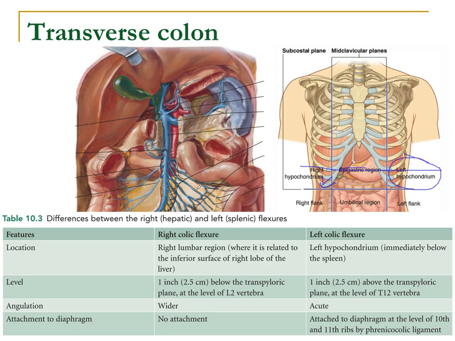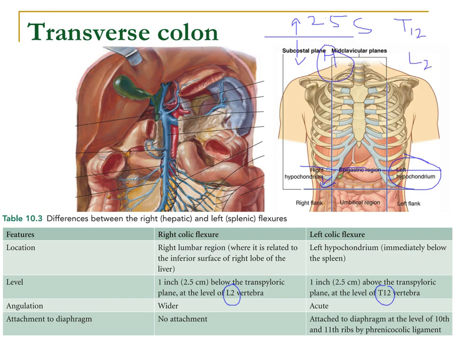So the right colic flexure is present at the level of L2, whereas the left splenic flexure is present at the level of T12. Just remember, 2.5 centimeter above you will find the splenic flexure, and 2.5 centimeter below you will find the hepatic flexure.